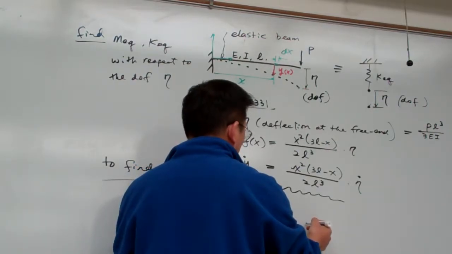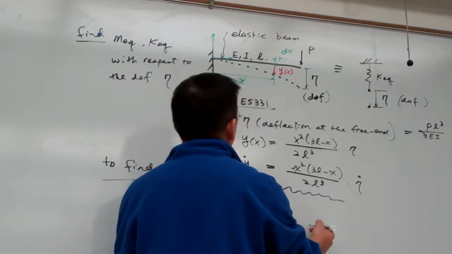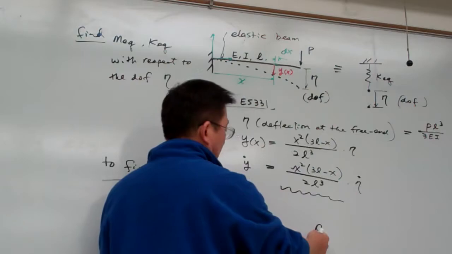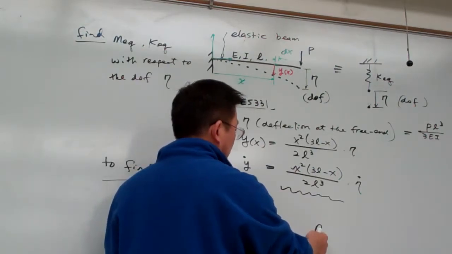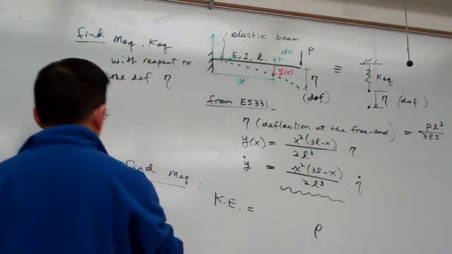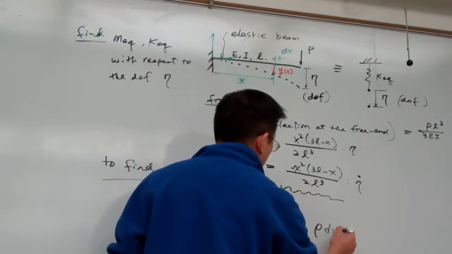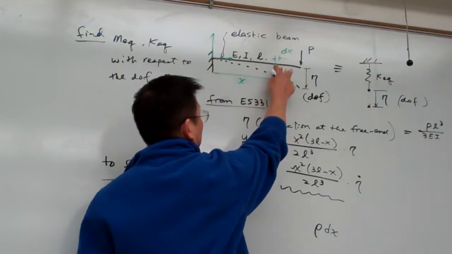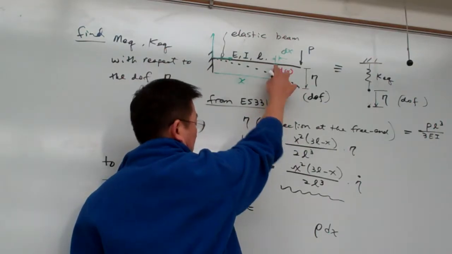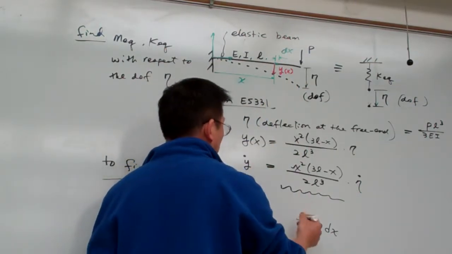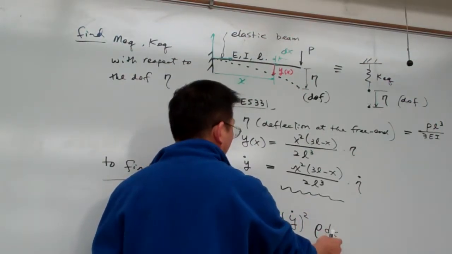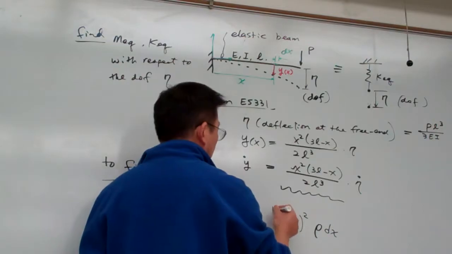Let me assume rho is the mass density per unit length. So rho times dx represents the small mass of this element, multiplied by the corresponding velocity squared, divided by 2.